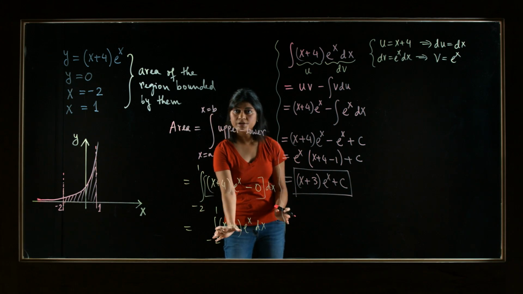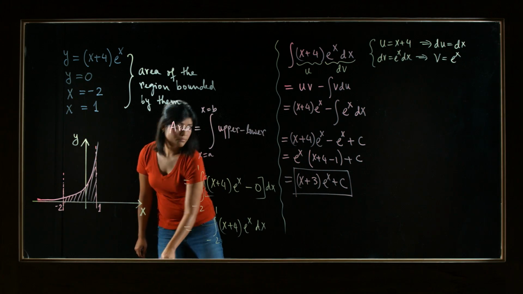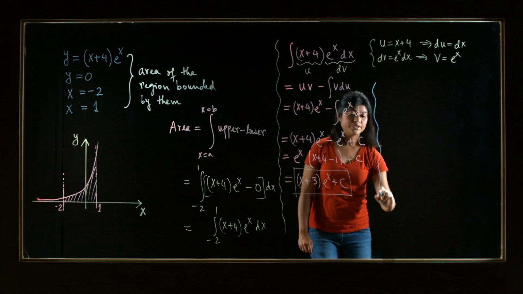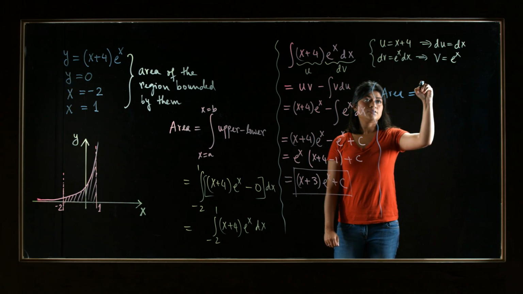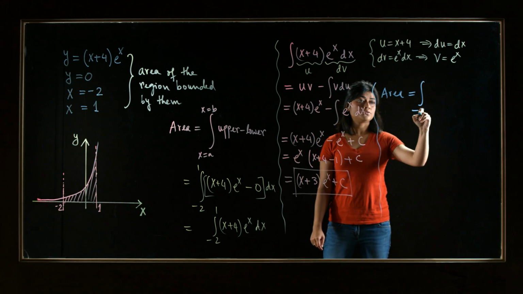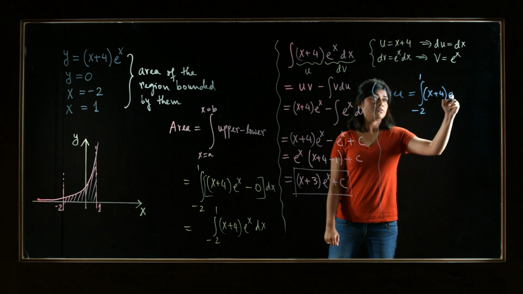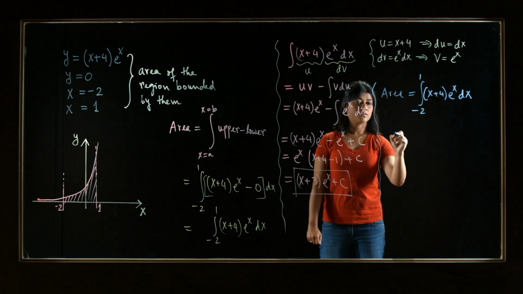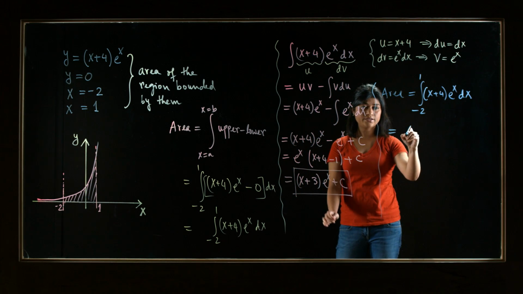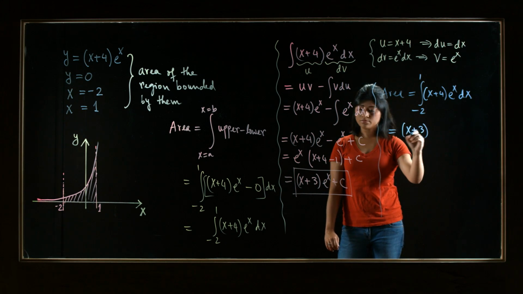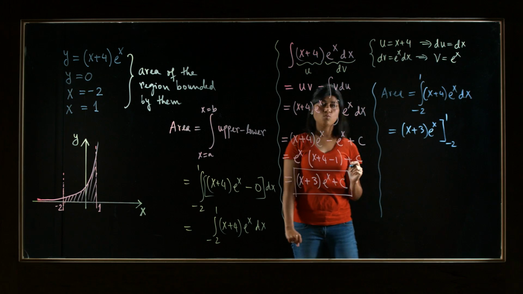But we have to evaluate the area, which is this definite integral. So what is area? One more time, area is the integral from -2 to 1 of x plus 4 e to the x dx. And we know our antiderivative is right here, so just use that and plug in the limits -2 and 1.